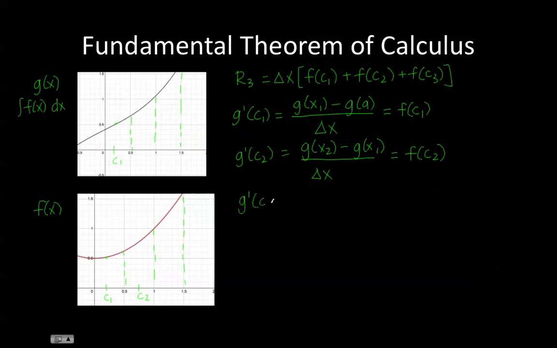And g of C3 is equal to g of b minus g of x2 divided by delta x, which is going to equal our f of C3.